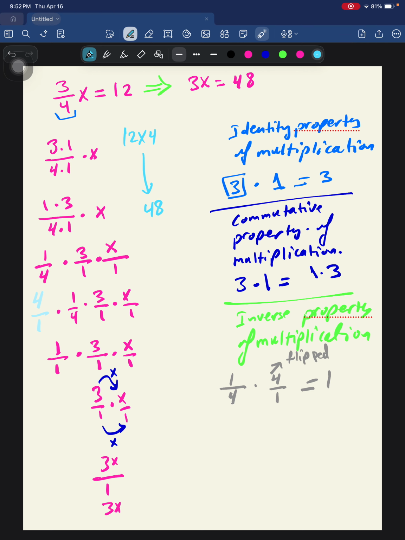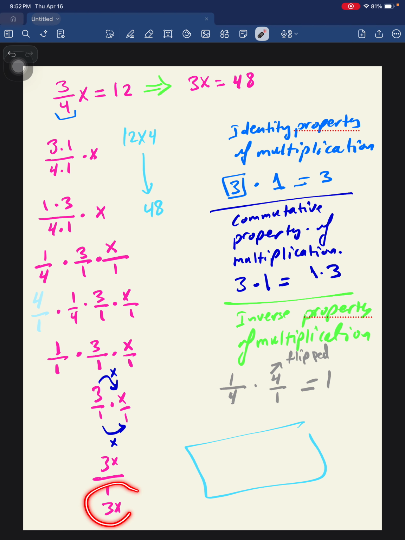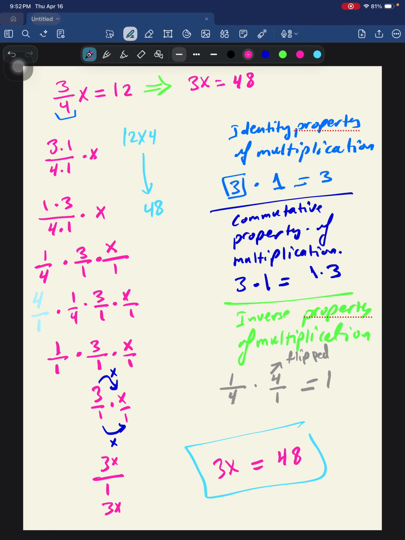Remember that we have the equality here. So finally the answer will be 3x, the equal sign, and then 48.